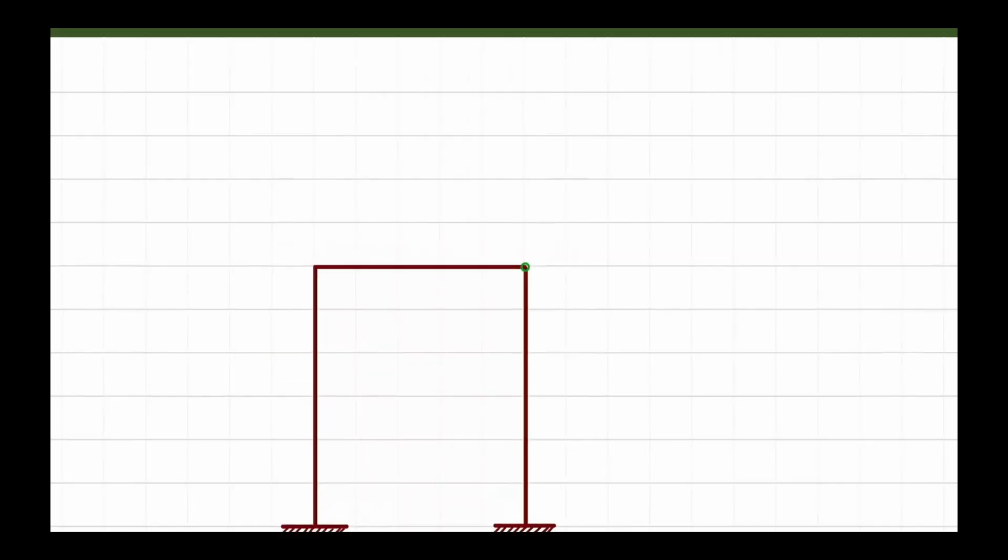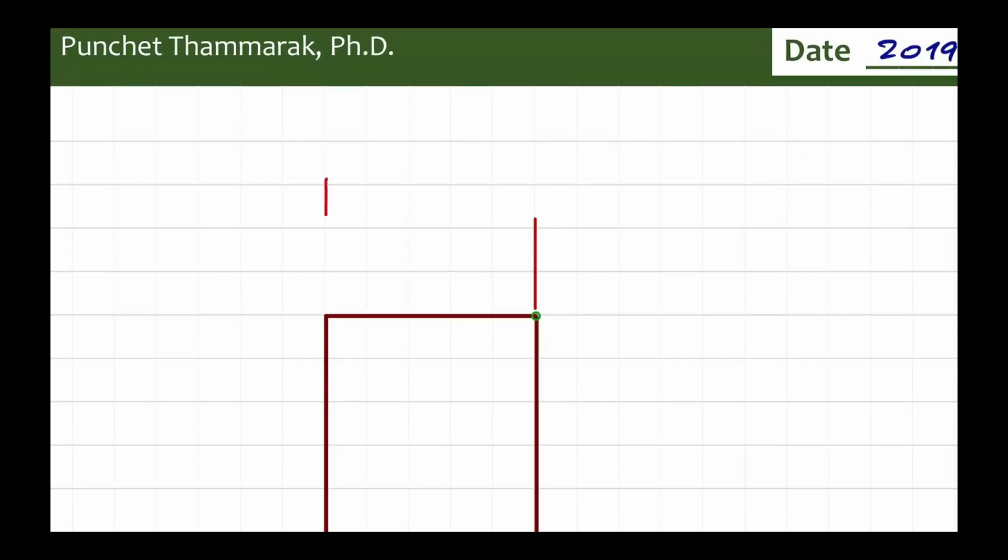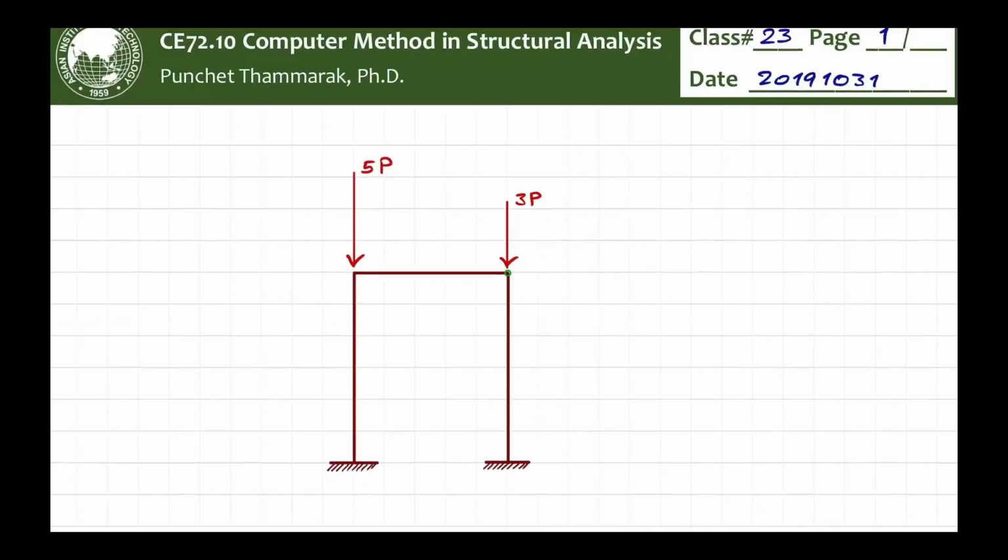And then now put the load. At 2 different points, you might have different load magnitudes. So I will just put something like here. Let's say this is 3P, and this is 5P.